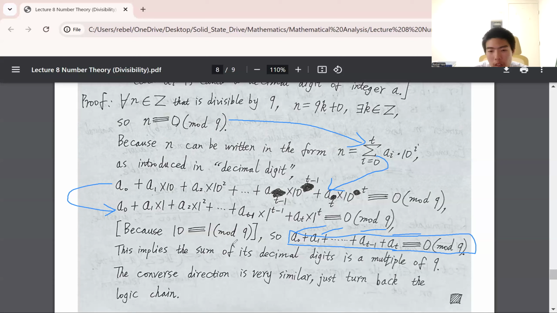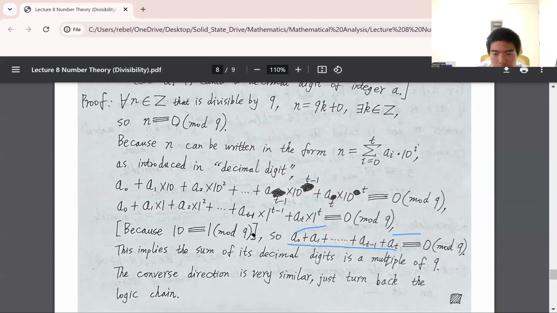And if we want to prove the other direction, we just go back from 9. First, we suppose the sum of the decimal digits is a multiple of 9. Then it implies this one.